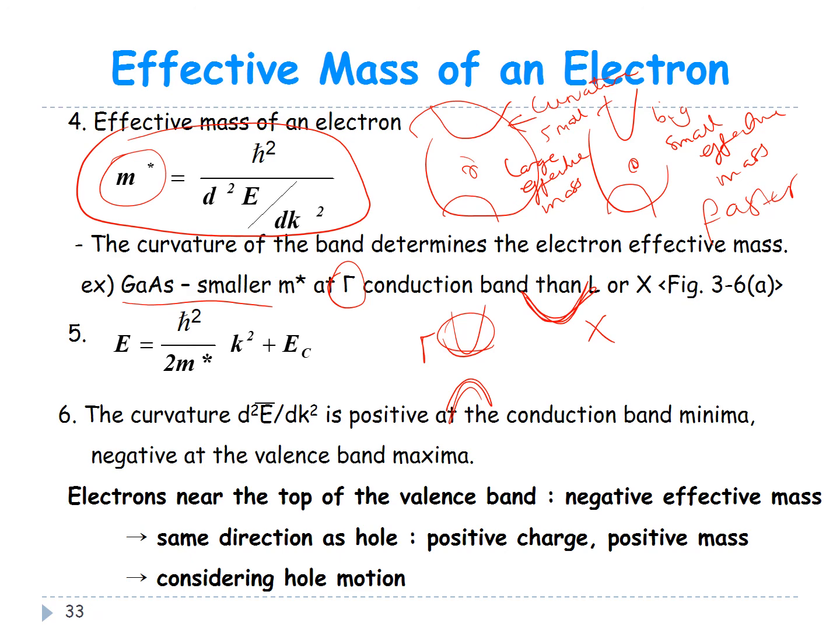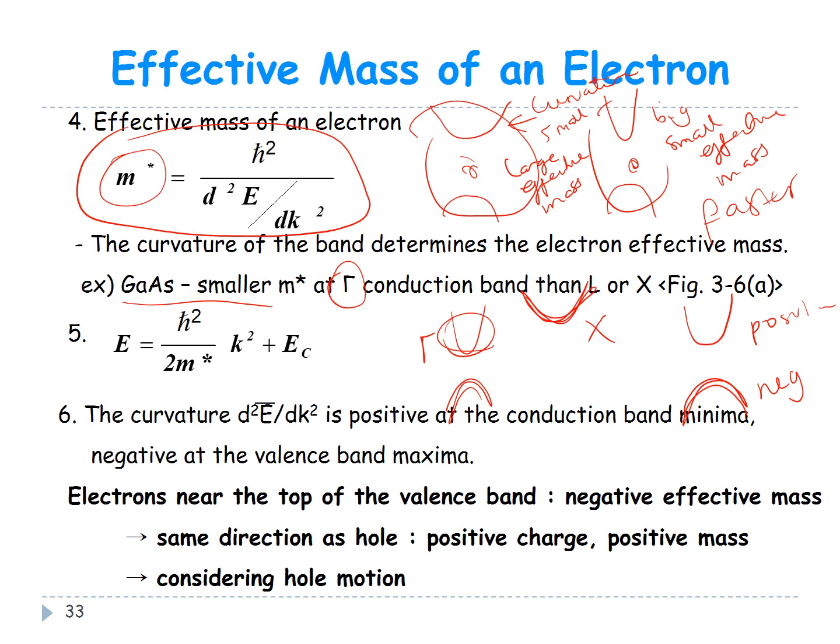And another important thing is that this concept of the effective mass is in favor of the concept of a hole. So you find that here you have a positive curvature, but in the valence band you have a negative curvature. So electrons that are in the valence band have a negative mass, and they are negatively charged.